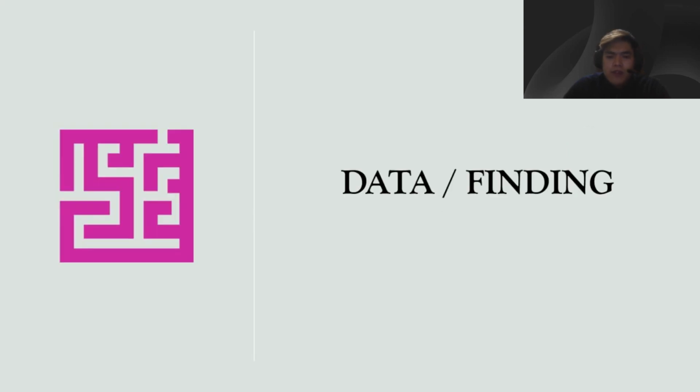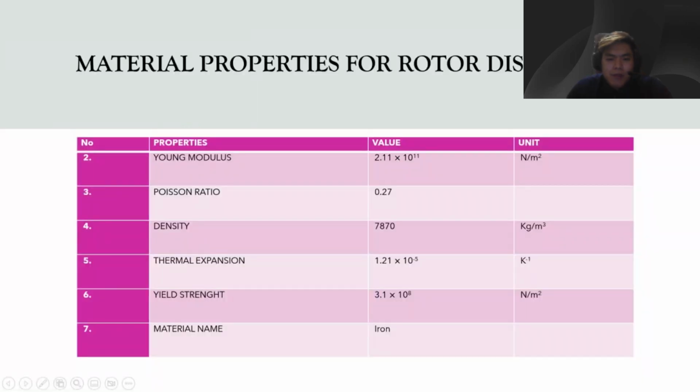Okay, so for the first topic is data finding. The first property, Young's modulus, the value is 2.11 times 10 to the power of 11 and the unit is N per m squared. The second one, Poisson ratio, the value is 0.27, and the number 3 is density, value is 7870, the unit is kg per m to the power of 3.